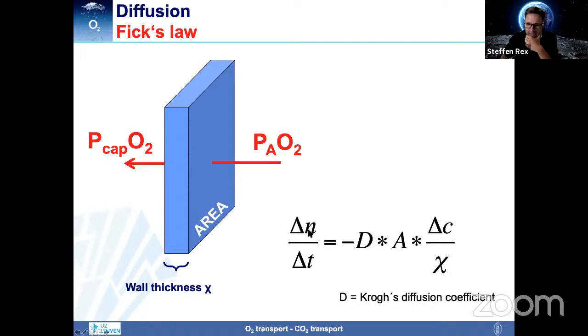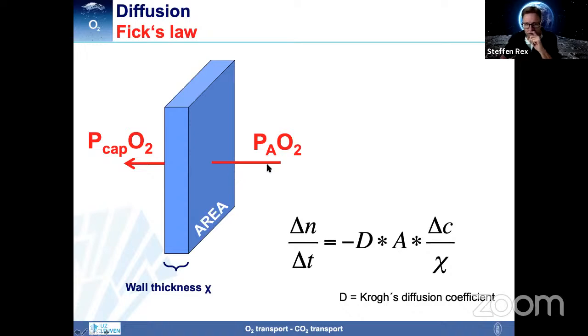So delta n is the transport of particles or of gas or whatever. So delta n over delta t equals the diffusion coefficient times the diffusion area times the concentration gradient, divided by the wall thickness. So very easy and very intuitive to grasp.